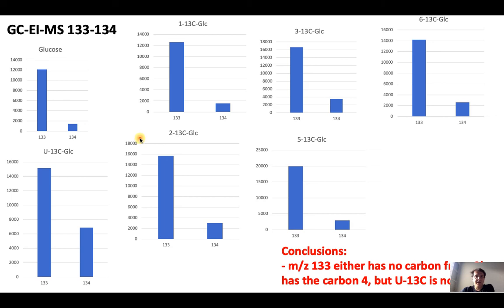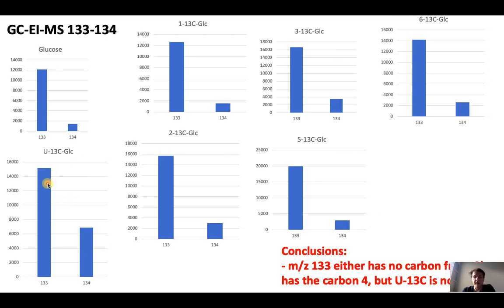Regarding the fragment 133, the electron impact data didn't solve what the composition of this fragment is, because this is the glucose non-labeled and this is the glucose fully labeled. We cannot see an increase. I mean, we can see some increase in the 134, but this does not overcome the 133.